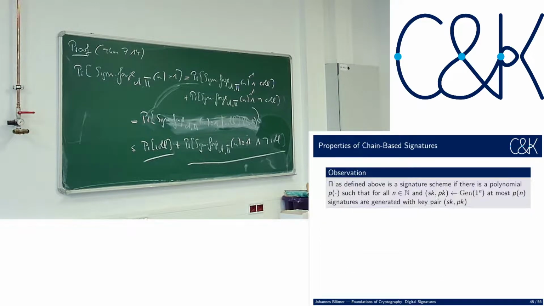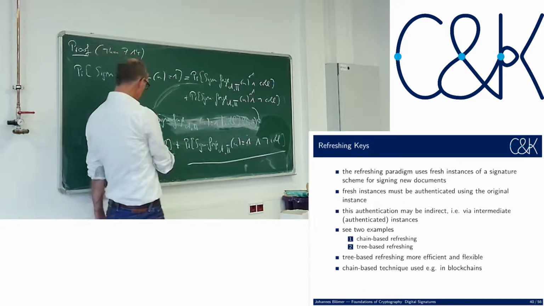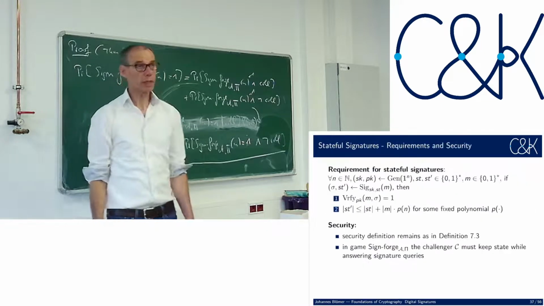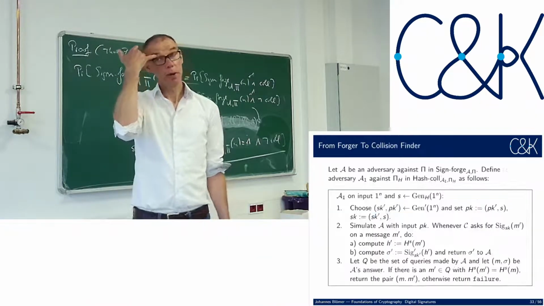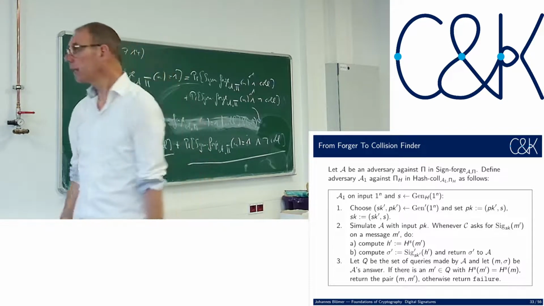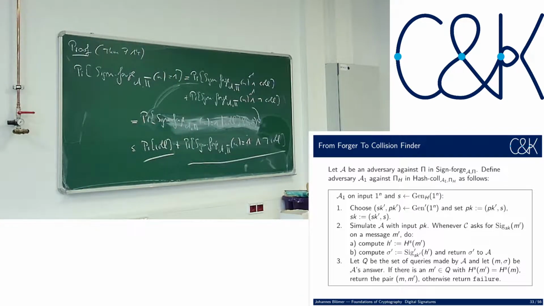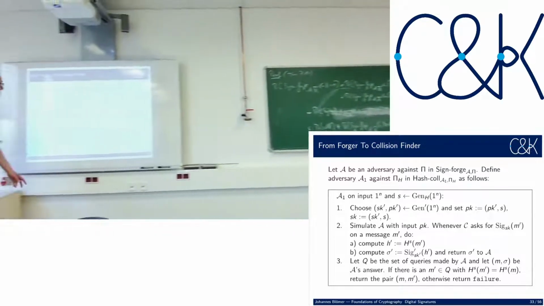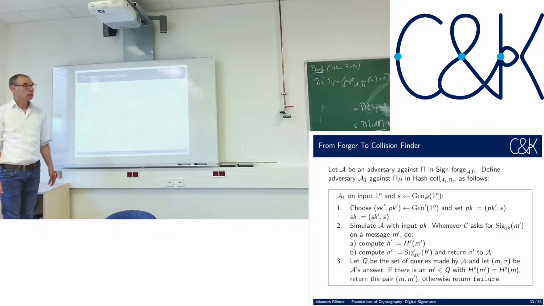So first, how can we, from the forger against pi, construct a collision finder? Here is the way we define it.